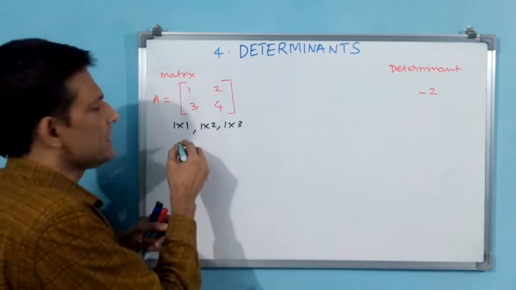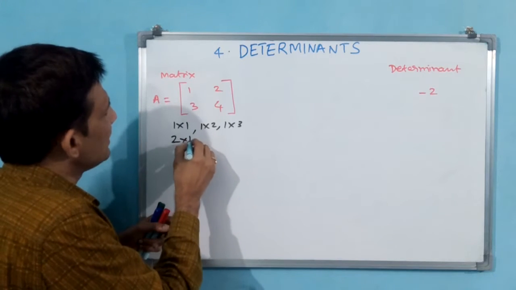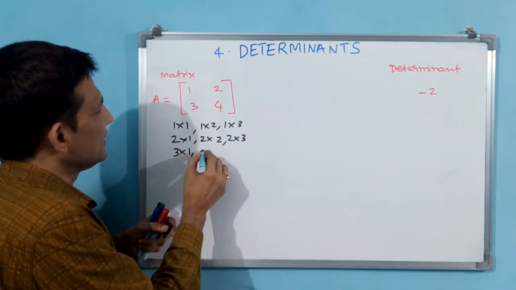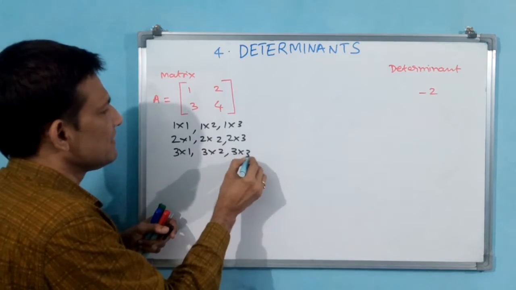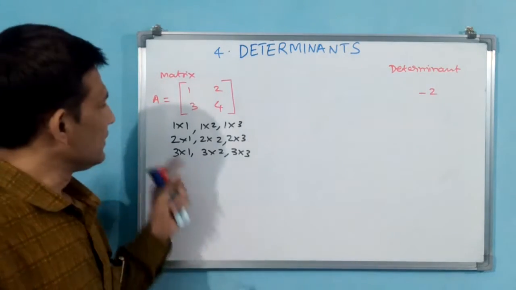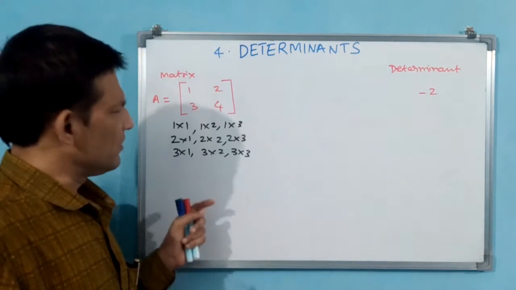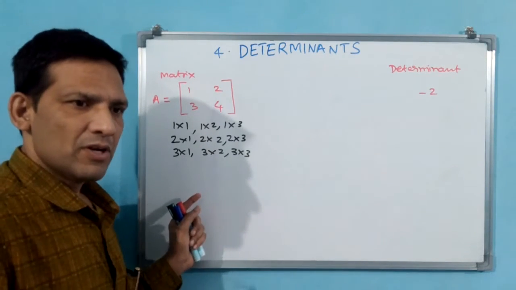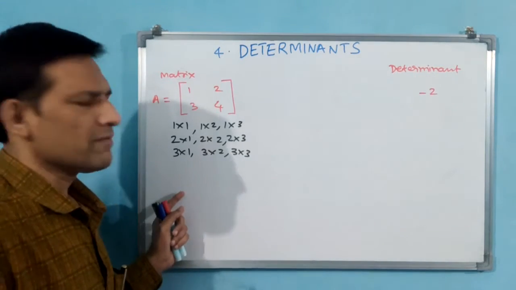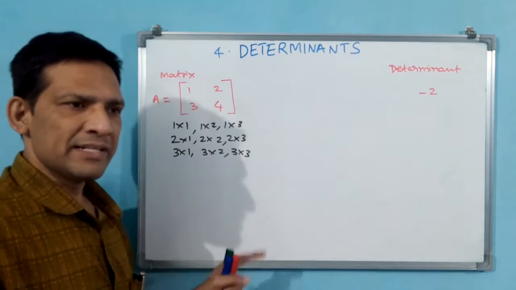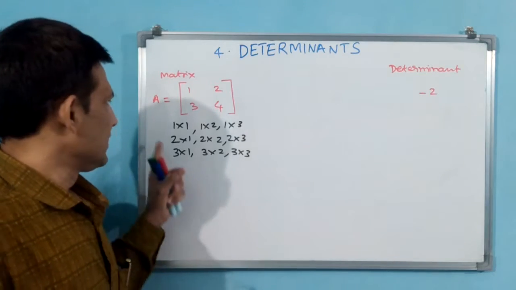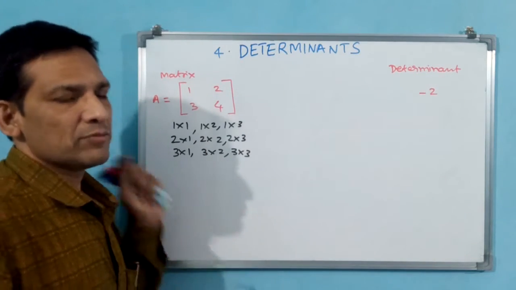But we will study up to 3 by 3. 2 by 1, 2 by 2, 2 by 3, 3 by 1, 3 by 2, 3 by 3. For our study's sake, I can say there are approximately 9. For addition, subtraction, we have seen even 2 by 4 also, I suppose. But for multiplication and inverse and all, 3 by 3 is the maximum for our NCERT.